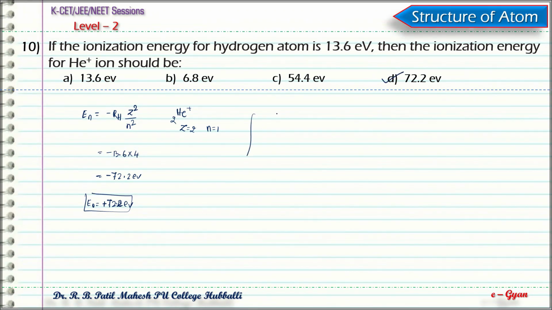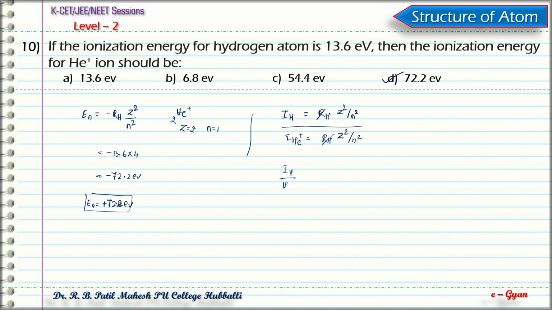The second method is considering the ionization energy of hydrogen atom, which is equal to RH Z square divided by N square divided by ionization energy of helium plus ion, which is equal to RH Z square divided by N square. RH get cancelled.